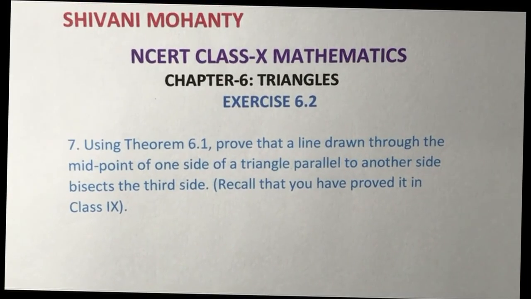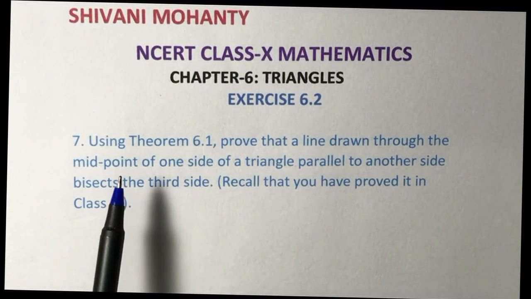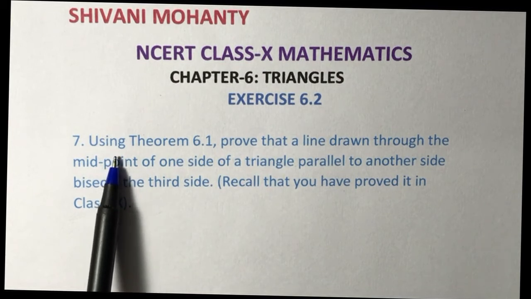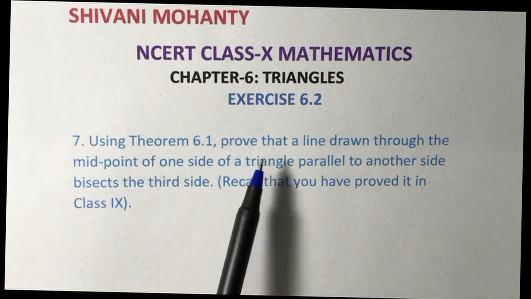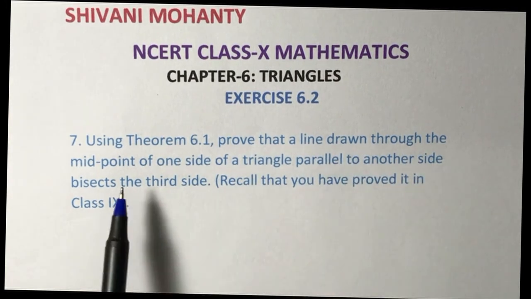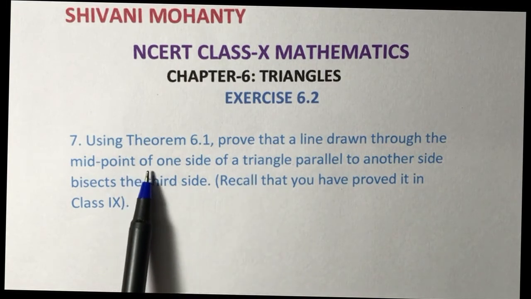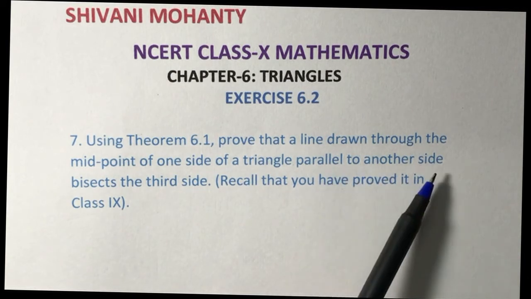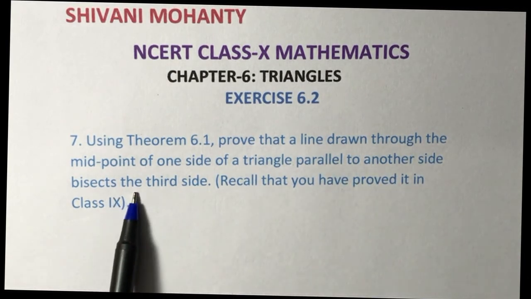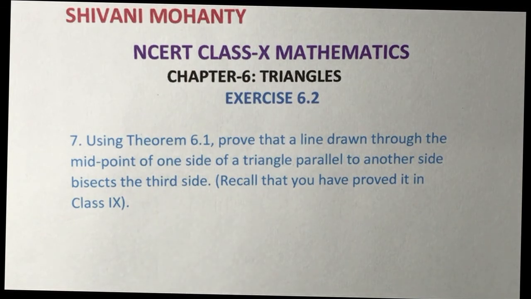Now let us go to question number 7. It is written that using theorem 6.1, prove that a line drawn through the midpoint of one side of a triangle parallel to another side bisects the third side. Recall that you have proved it in standard 9 if you remember.